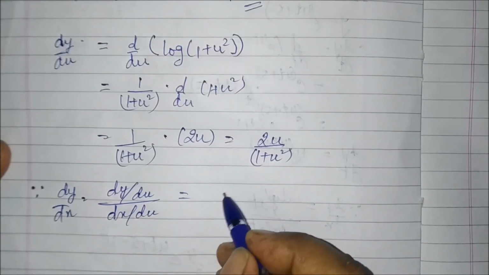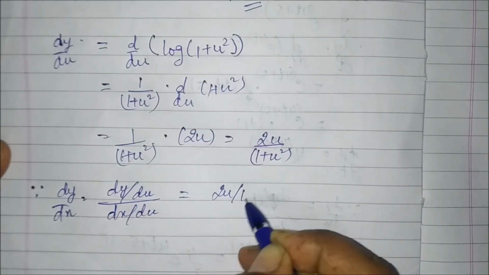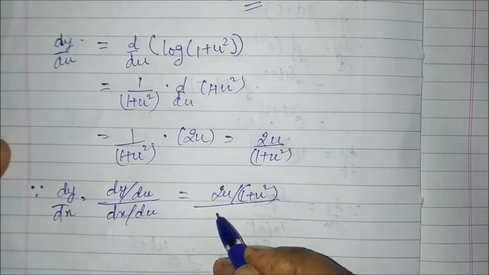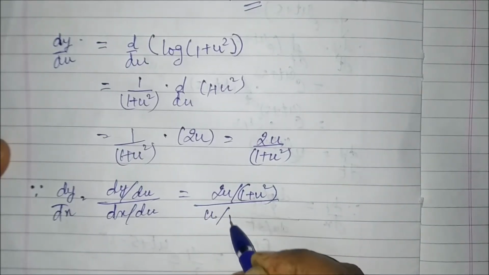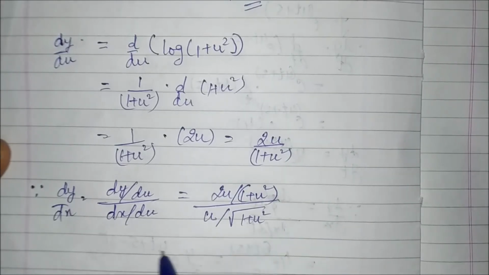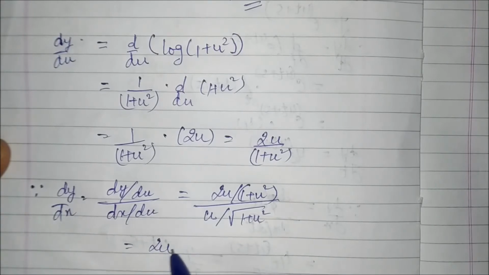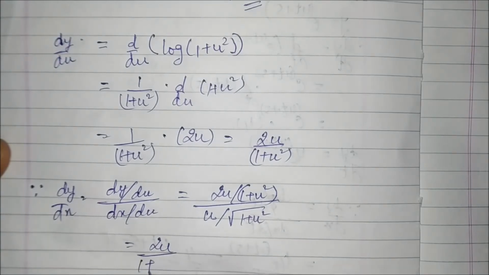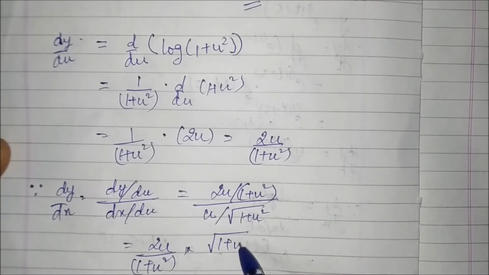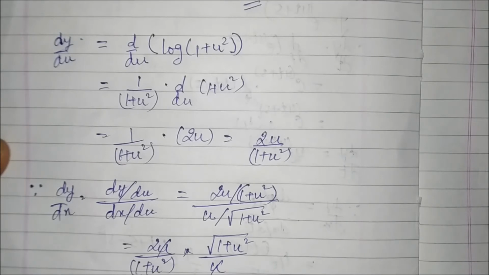Now see, since dy by dx is equal to dy by du upon dx by du, dy by du is 2u upon 1 plus u square divided by u upon under root of 1 plus u square. Okay, let's see, 2u upon 1 plus u square into root 1 plus u square upon u. This u and u will cancel out.